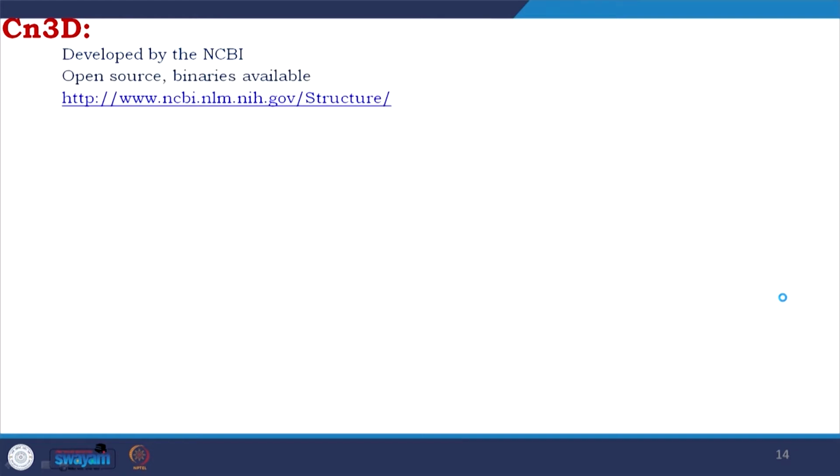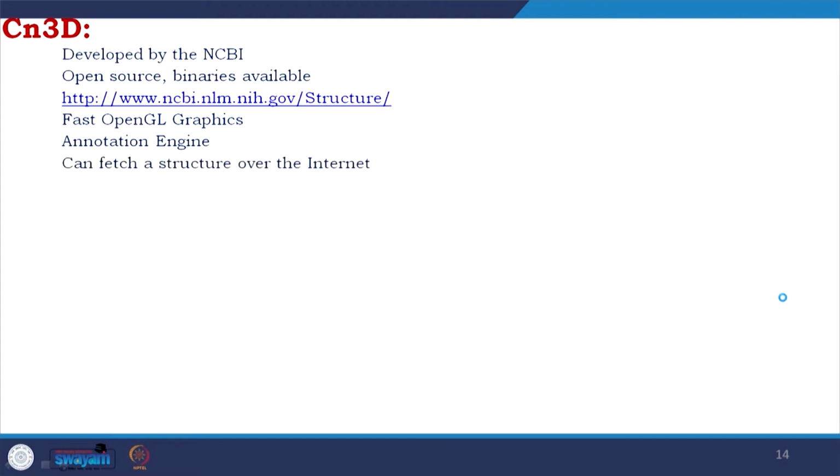Coming to CN3D, it is developed by NCBI. Again, open source, the binaries are available, the link is provided here. First, OpenGL graphics, annotation engine is provided, can fetch a structure over the internet. This is the first of a kind, where now you will see this feature in most of the softwares.